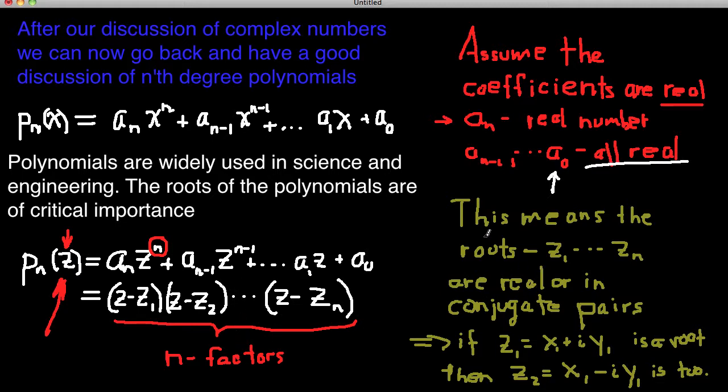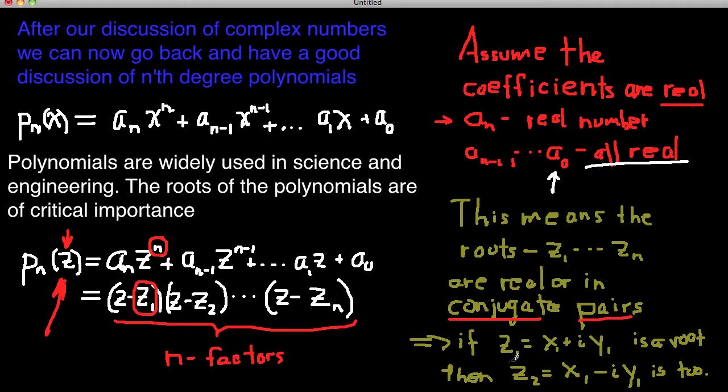So with that, this means that the roots z1 up to z sub n, if the coefficients are real and we factor the polynomial, these z sub n numbers are either going to be real valued and not complex valued, or if they're complex valued, they always occur in conjugate pairs.